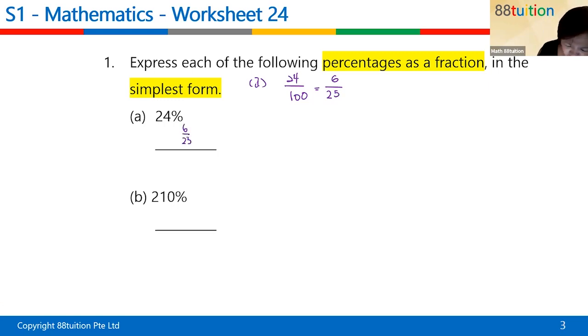Now, in school, I noticed what the students do, because I'm a school teacher also. They write 24 and then 6 out of 25 below it. Now, in the O-level exam, whatever exam you take, if you write this, the marker has the right to mark you wrong.